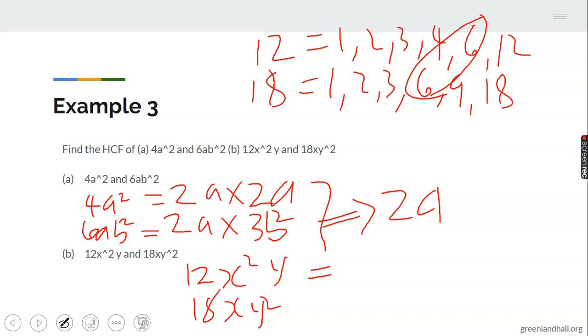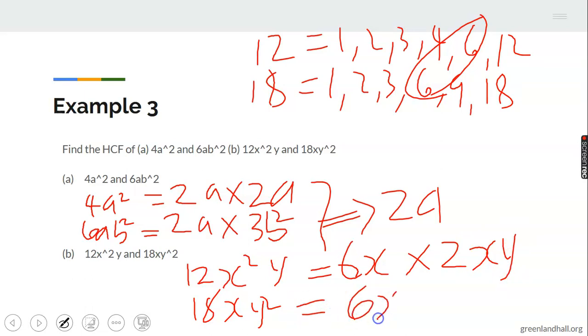So that means 6 will be part of the answer here. So that will be 6x multiplied by 2xy. Then this will be 6x multiplied by 3y squared.